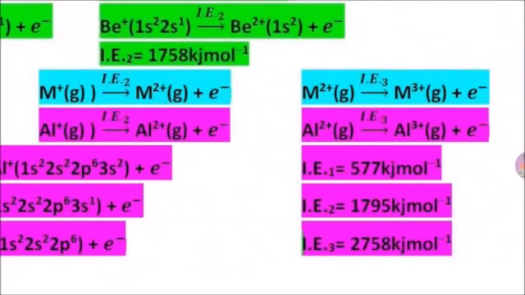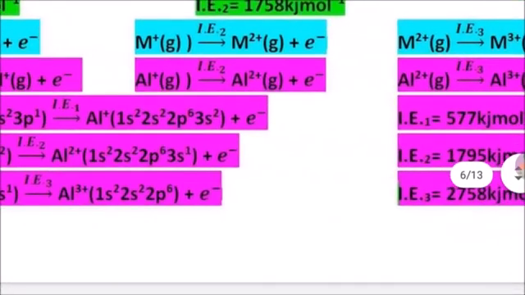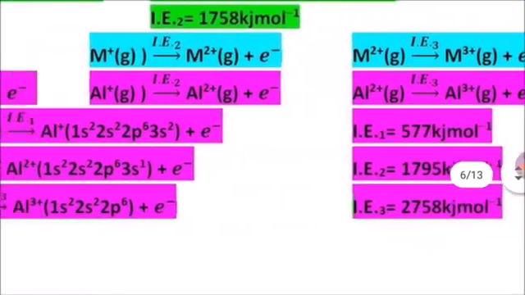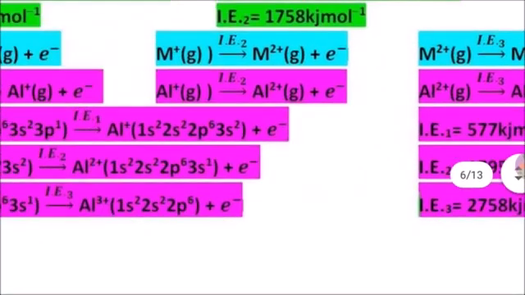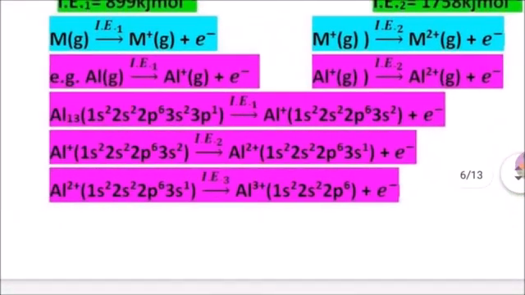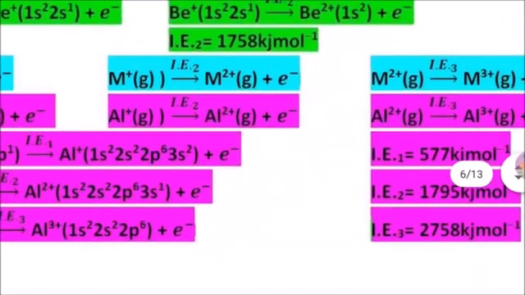The first ionization enthalpy is 577, the second is 1795, and the third ionization enthalpy is great, 2758 kilojoule per mole. The reason is that in the IE1 condition they get an ionic condition with a stable configuration, so it requires more energy. In Al2 positive, the s orbital is also filled, so it is in a stable form. And when we want to remove the 3s electron, it is a filled condition, so they have larger ionization enthalpy.